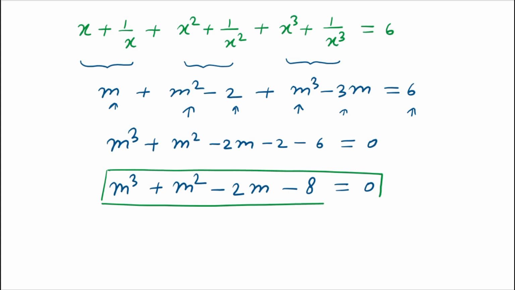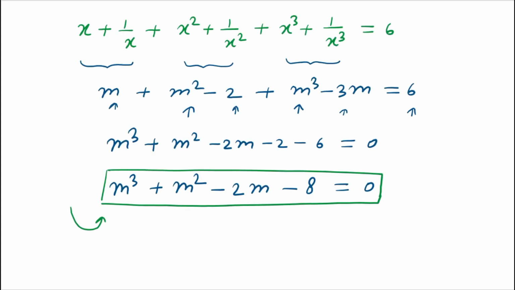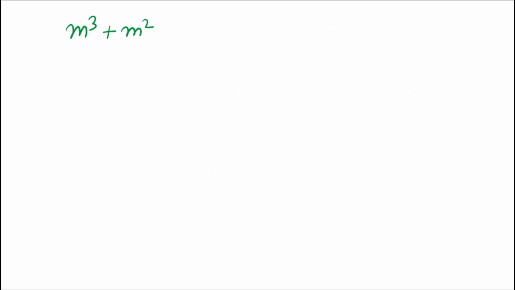Now first we will find one solution of this cubic equation. We have the cubic equation m cube plus m square minus 2 times m minus 8, and this is equal to 0.